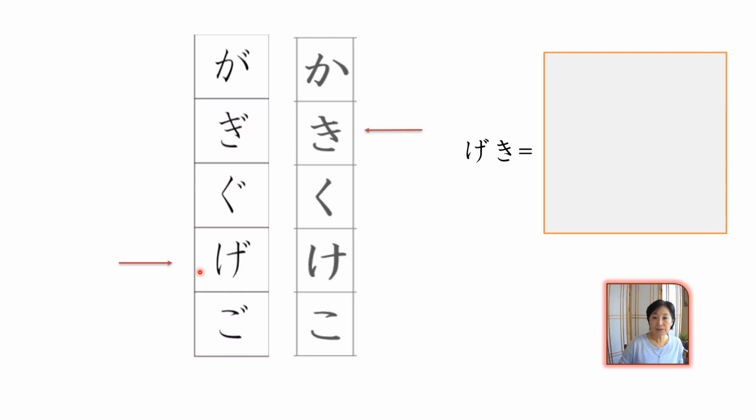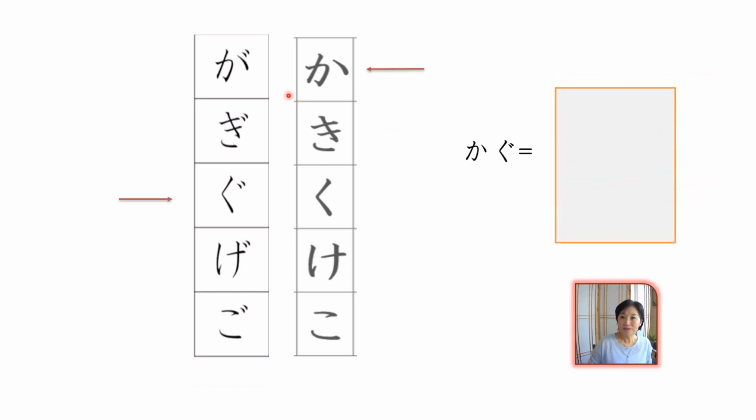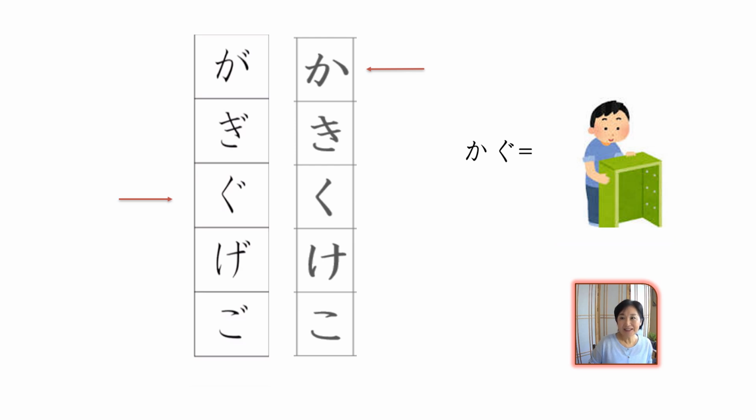Try these two. 読んでください。劇 It means theater. How about these two? 読んでください。家具 means furniture.